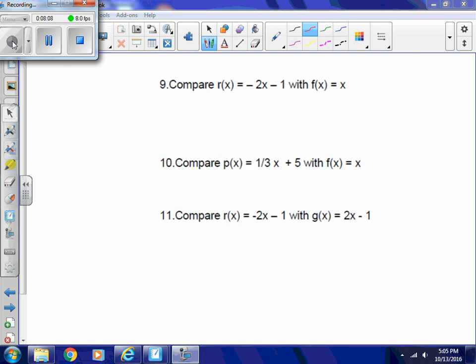We're going to compare r of x with f of x. Well, we've got three differences here. Because it's negative, the first thing I know is that r of x is reflected across the y-axis.